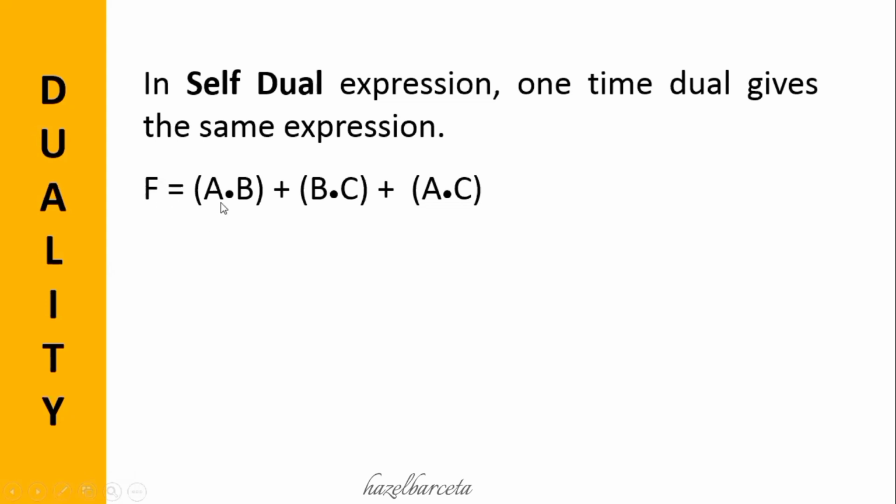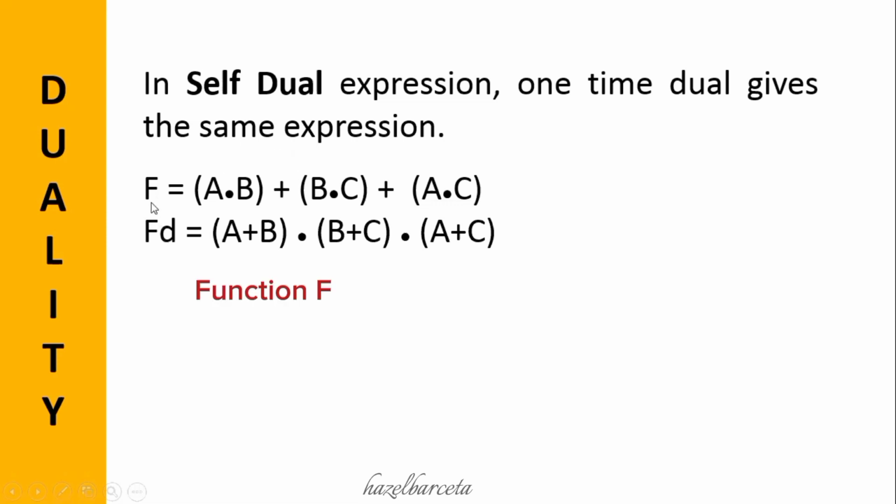Given a function, A times B plus the quantity of B times C plus the quantity of A times C. Here, kukunin po natin yung dual. So, ang ating para sa dual ay FD. Ayan. FD denotes dual of function. Then, di ba sa dual po, kukopyahin lang po natin yung ating variable.